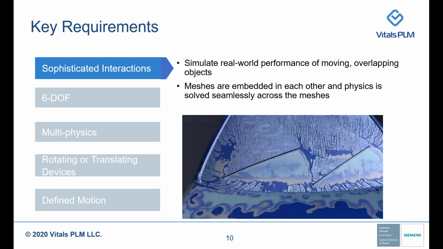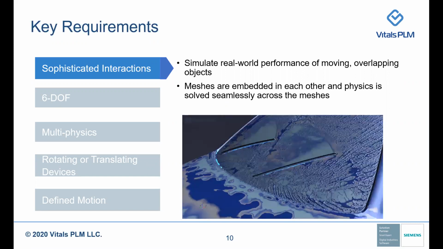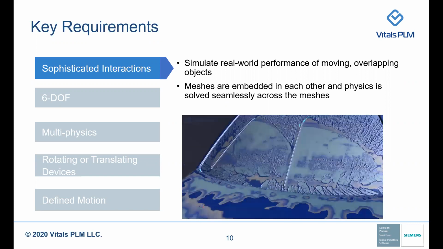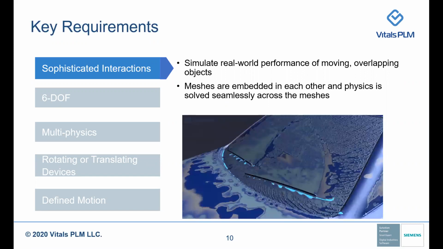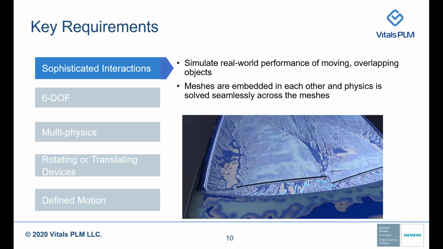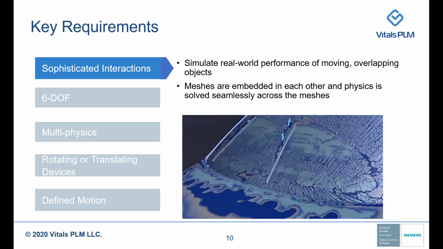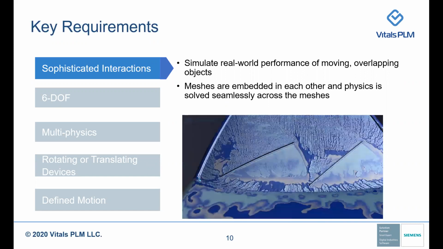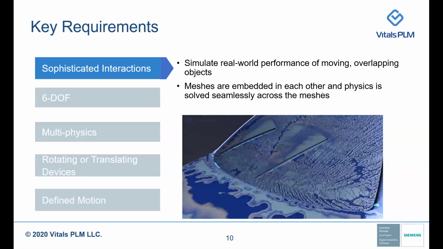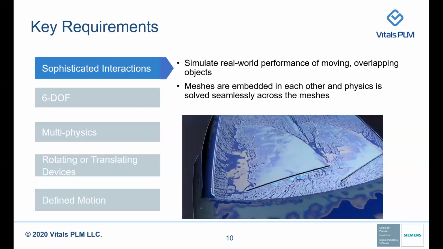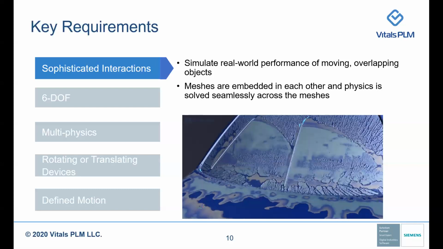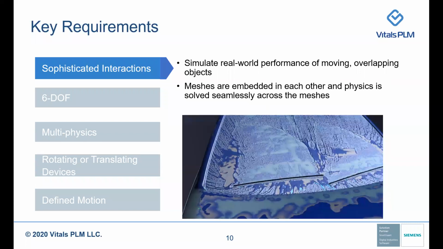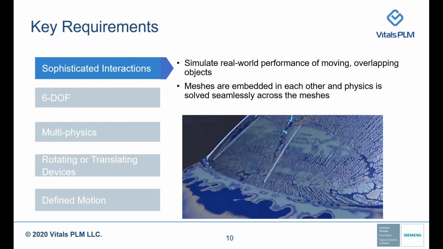For example, we see a rainwater management application from the automotive industry, where the wiper blades are moving relative to the windshield. To solve these kinds of problems, one has to have methods to support objects which are moving against other objects, overlapping other objects, or sometimes completely immersed in other domains.